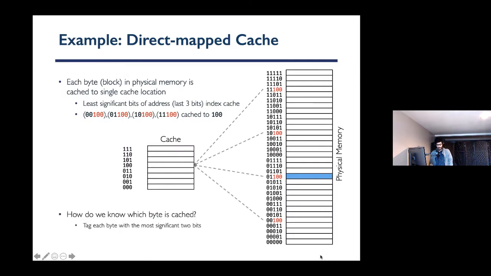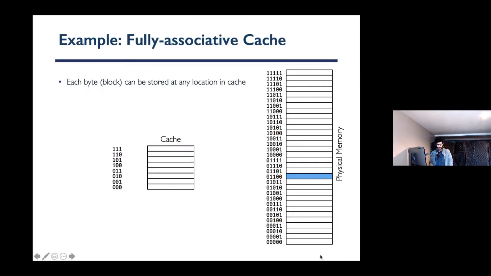I guess we saw this example in the previous lecture. Now, let's look at fully associative cache. In a fully associative cache, as I mentioned, there's only one set, so each memory block can go anywhere in the cache, right?